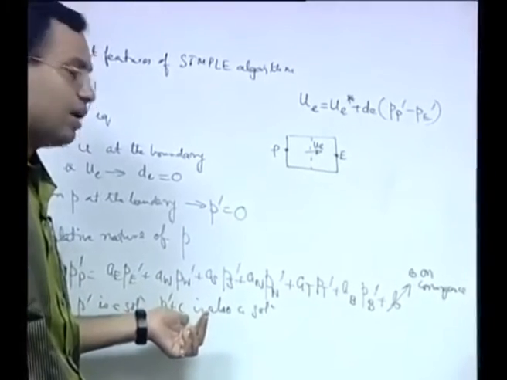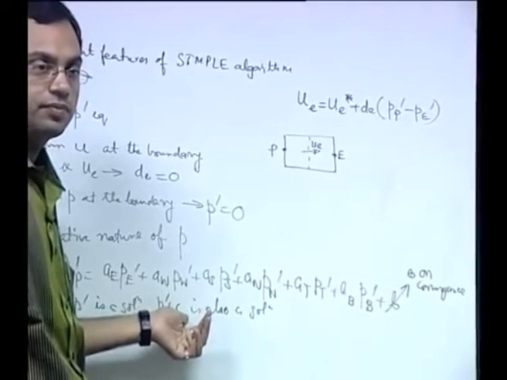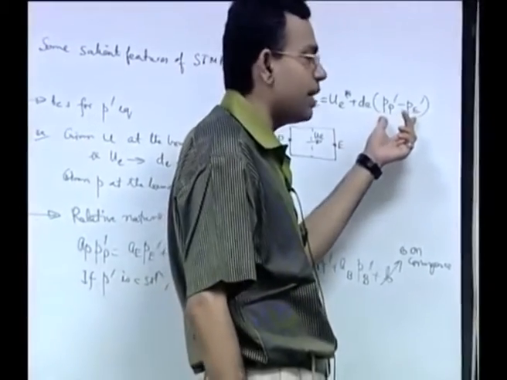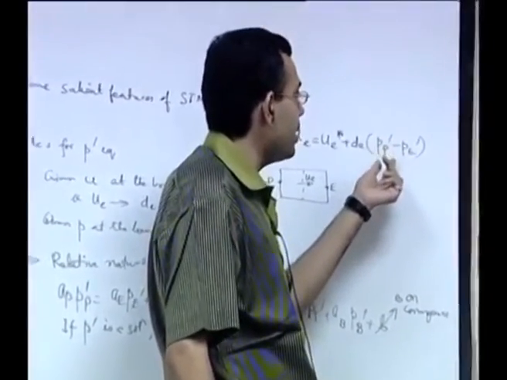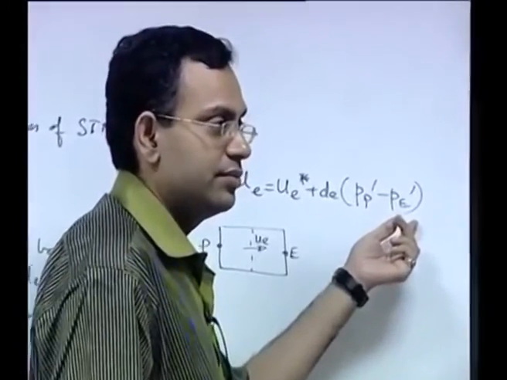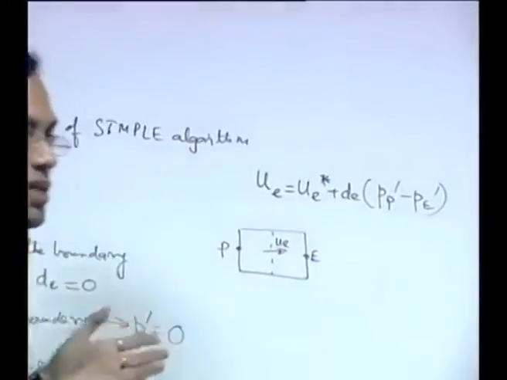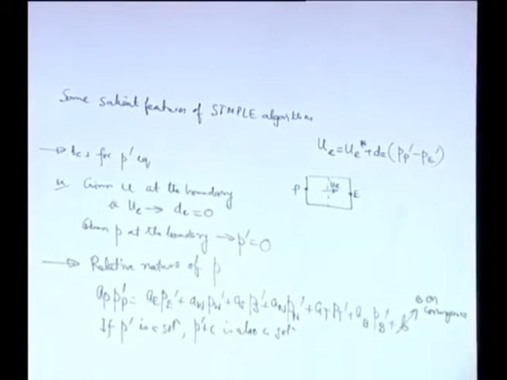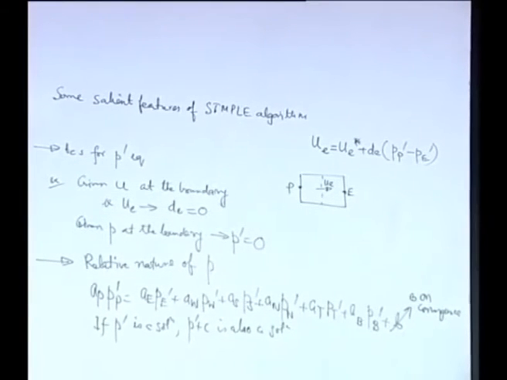Irrespective of the value of C, it will come out to be the same, because for example Pp prime minus Pe prime is the same as Pp prime plus C minus Pe prime plus C. So that plus C will not matter, it is the difference in pressure, or the difference in pressure correction, that matters.